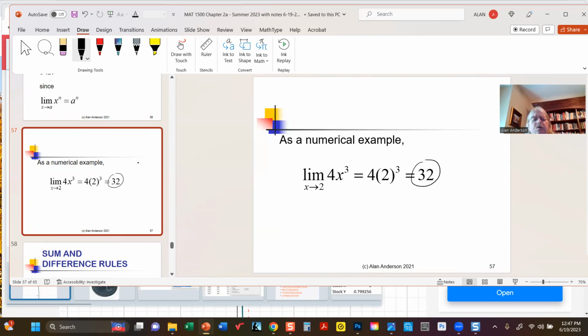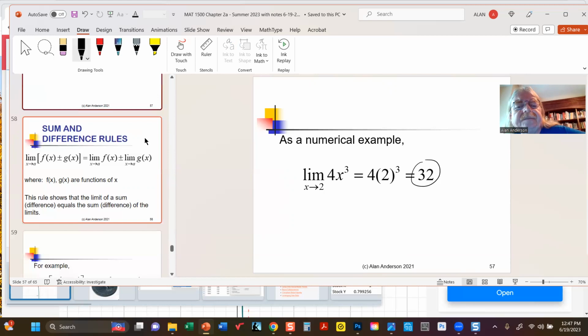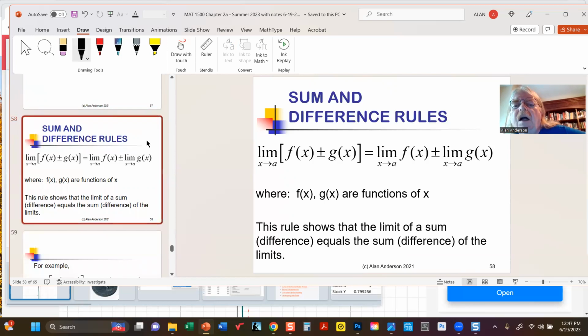Now, there are some rules that we need to know. Sometimes we may have a combination of limits. For example, we might find ourselves needing to combine by adding or subtracting limits, and it's a very straightforward process. So the limit of a sum can be written as the sum of two limits. Same holds for the difference. You can tell that's why this is here, by the way.